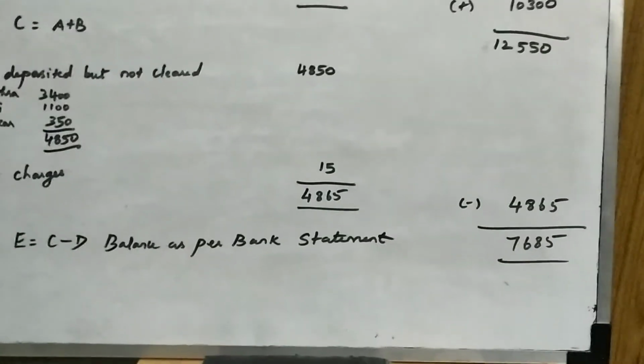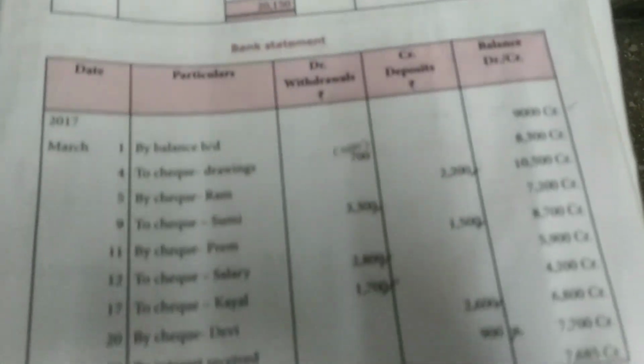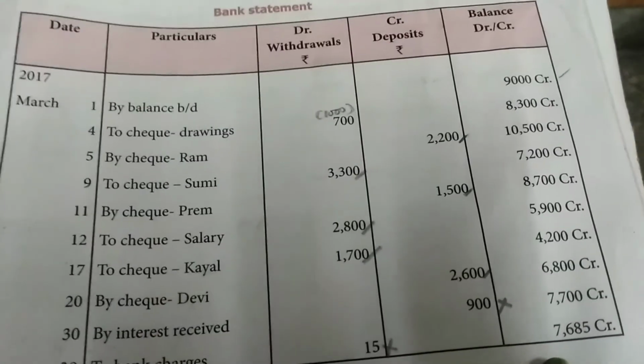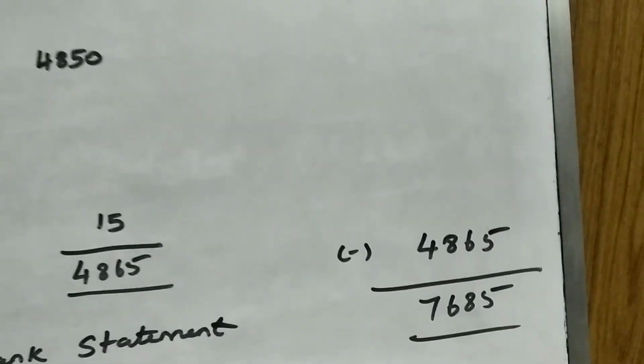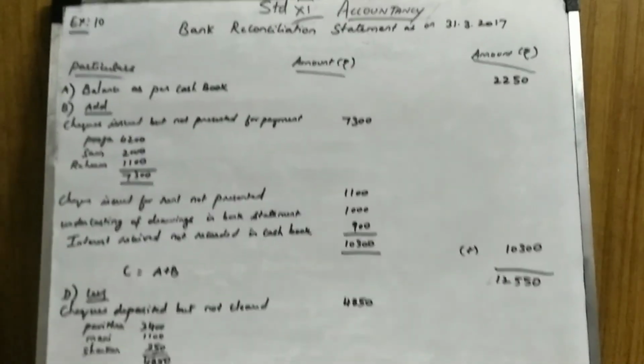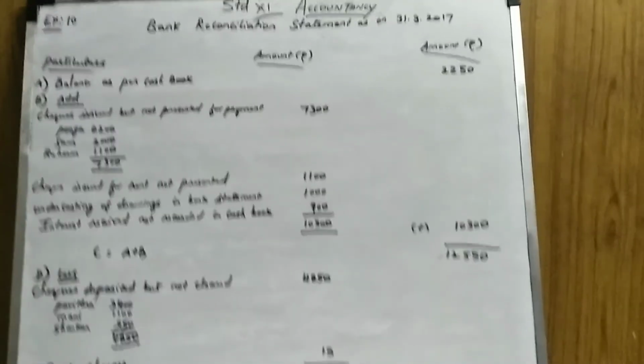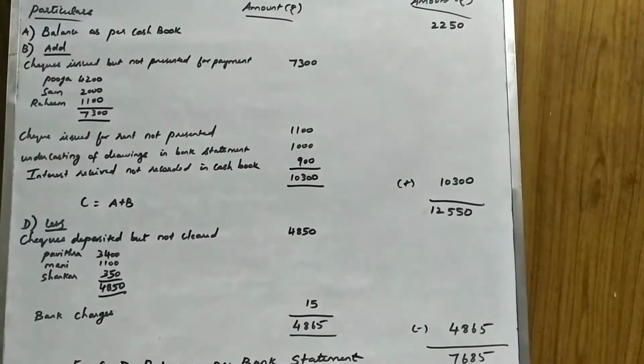So just have a look at the cash book and bank statement again. We started with this 2,250. Now we are getting this balance 7,685. Your bank reconciliation statement is correct. Similarly, you can try out the other way around.